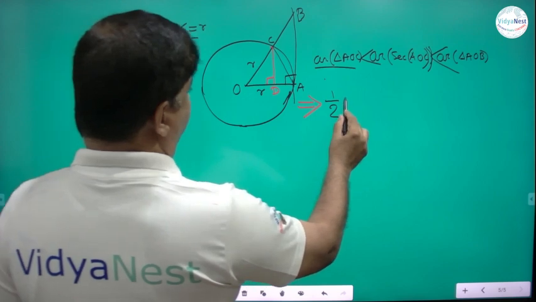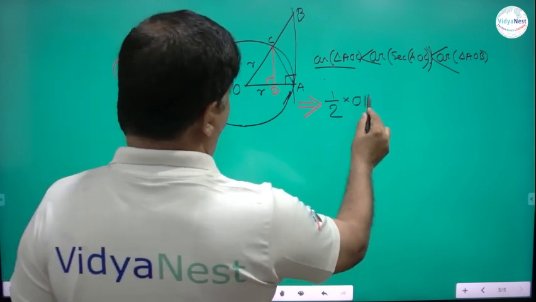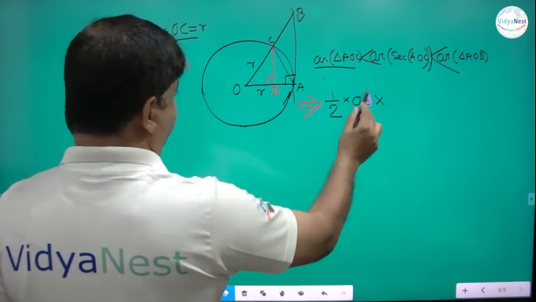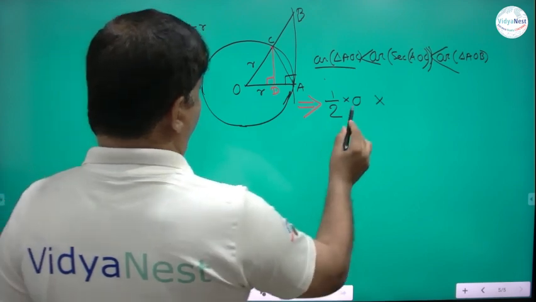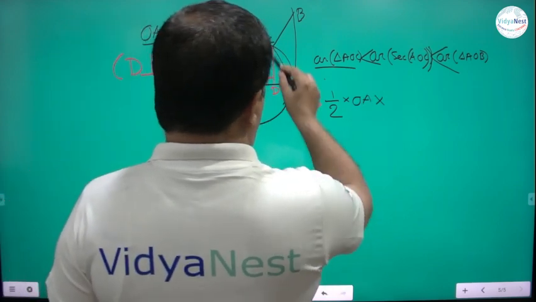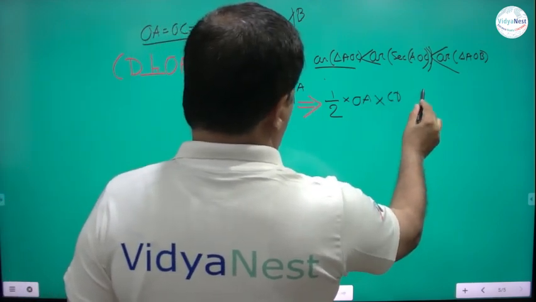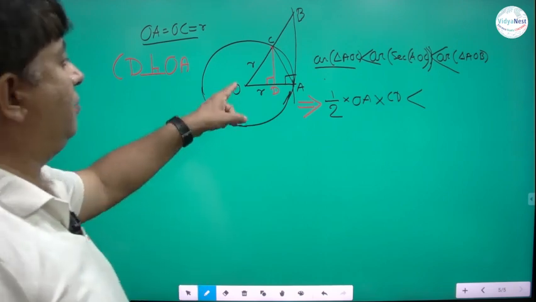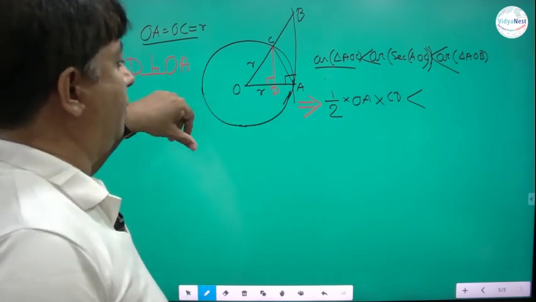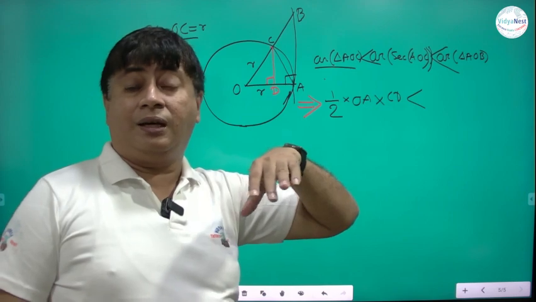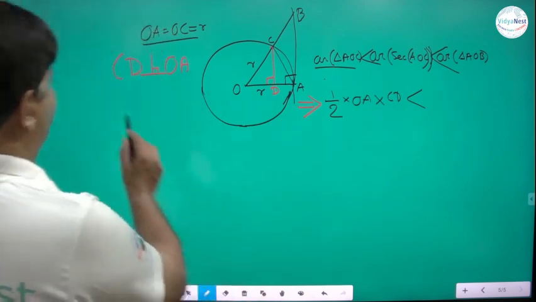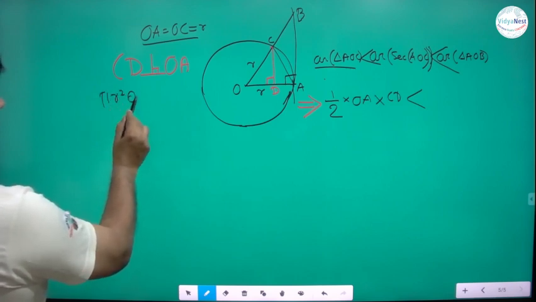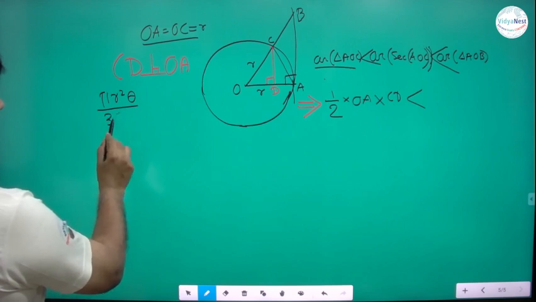Half of base into height, that is area of triangle AOC. What is the area of the sector? In class 9 or 10, I think you were taught pi r square theta by 360.